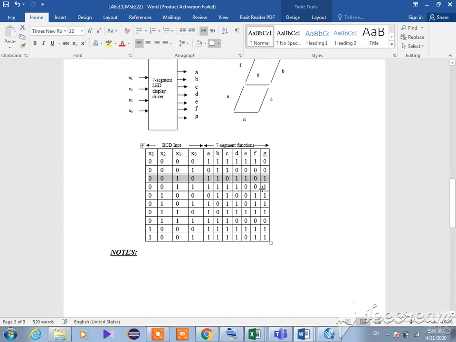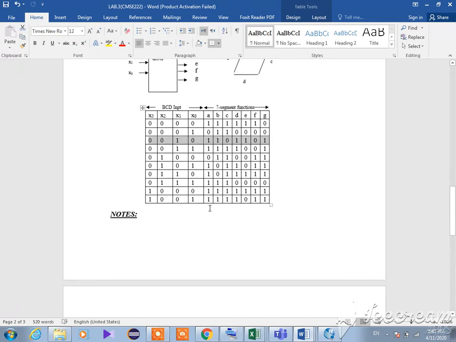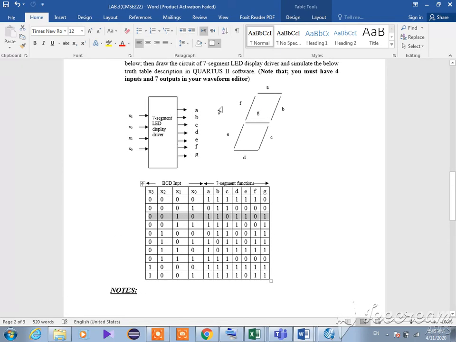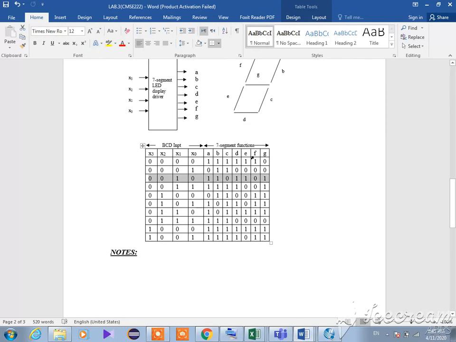Okay, so this is the explanation of the 7-segment display. So if you are going to make a 7-segment display with 4 inputs and 7 outputs, at first you should design a truth table. Okay, this is the truth table.